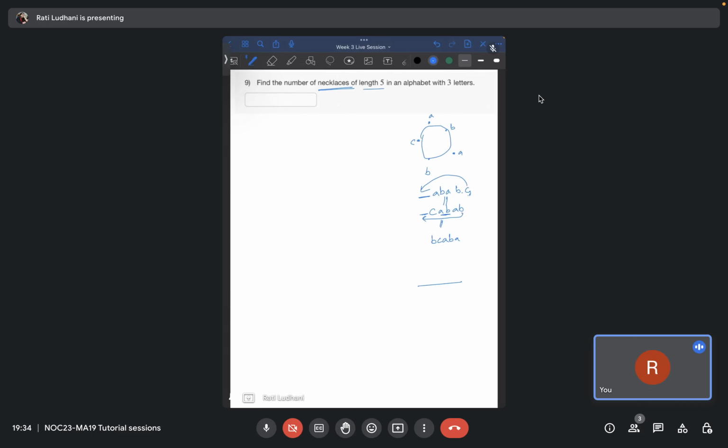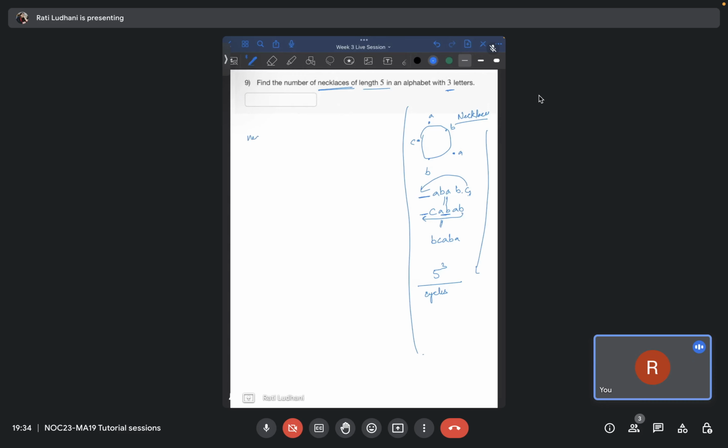You have 5 letters and 3 elements, so the possibilities are 5 raised to power 3. So you'll get an equivalence class, where cycles are considered to be same. So this is a necklace. A necklace is a set of this kind.